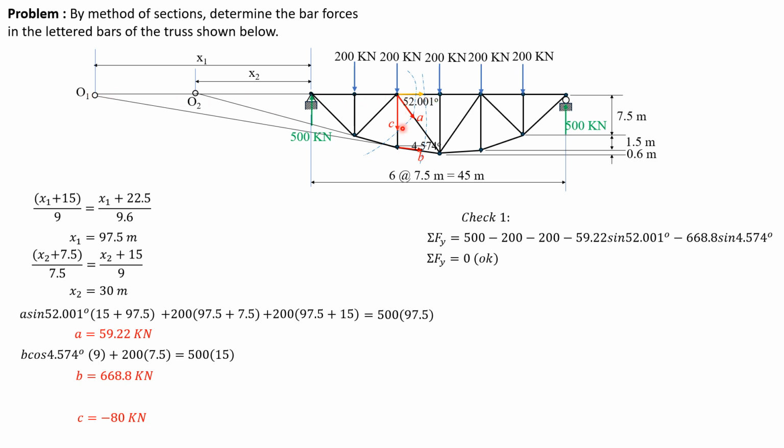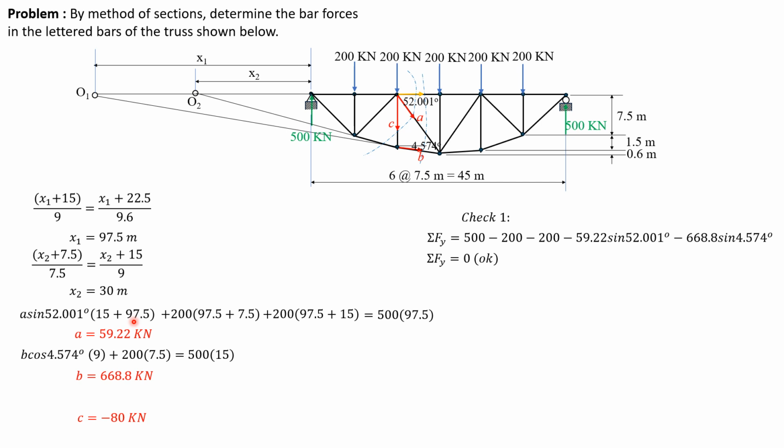Only the vertical component, which is A sine 52.001 degrees. The vertical component of A, clockwise positive, is A sine 52.001 degrees. The moment arm is x1, 97.5 plus 15.